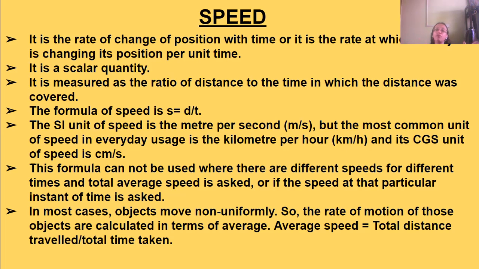Say in the first hour you covered around 10 kilometers, and in the second hour 20 kilometers. The total distance is 10 plus 20, that is 30, and the total time is 1 plus 1, that is 2 hours. So average speed is total distance by total time, 30 by 2, which is equal to 15 kilometers per hour. That will be the average speed.